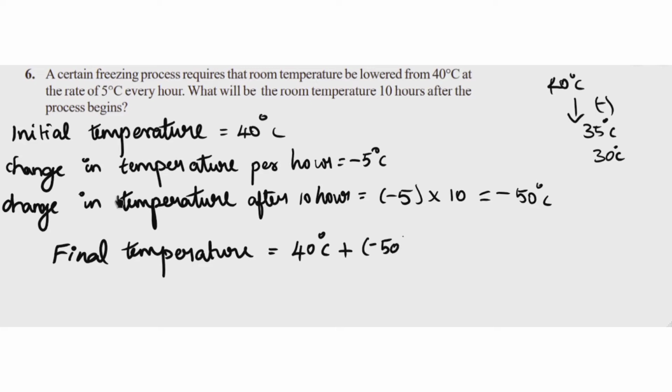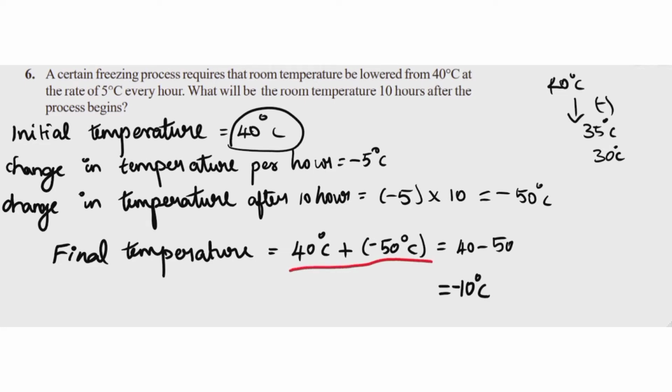Adding the change after 10 hours, minus 50 degrees Celsius, which is nothing but 40 minus 50. That gives the answer as minus 10 degrees Celsius. I hope you understand, right? The initial temperature is given as 40 degrees, and they are asking the final temperature after 10 hours, so I am adding 40 degrees plus minus 50 degrees Celsius. I hope you understand this question.